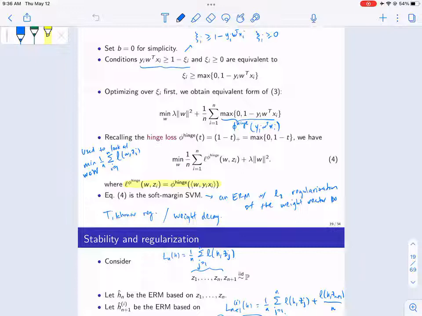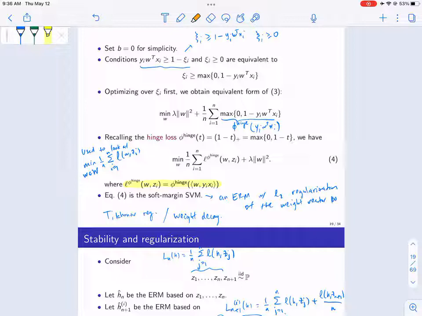The loss here is the hinge loss, and without this regularization, you can impose some condition on W. For example, you can restrict the norm of W. The other approach is to add this penalty. And if you recall, this controls the margin. So minimizing this is sort of equivalent to maximizing the margin.